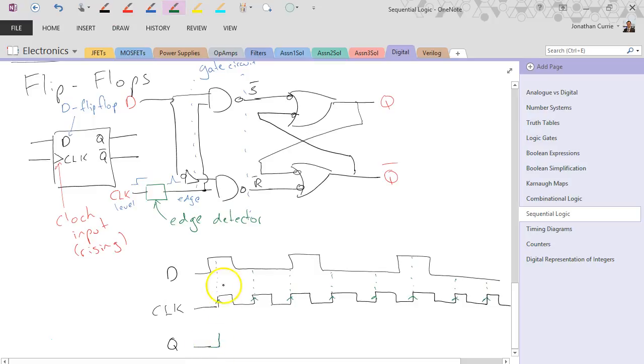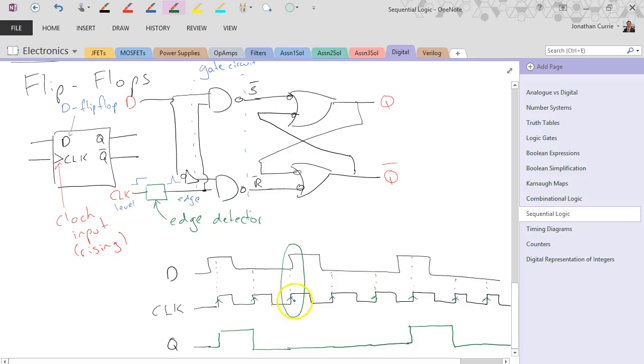So the first one goes high as per D, then the next edge goes low, stays low because we say we're just before that one there. Okay, stays low again, stays low, goes high, stays low, stays low. Alright, so you can see that even when it changes, for example in this point here, when the data input changes, even though the clock is high, it doesn't make a difference.